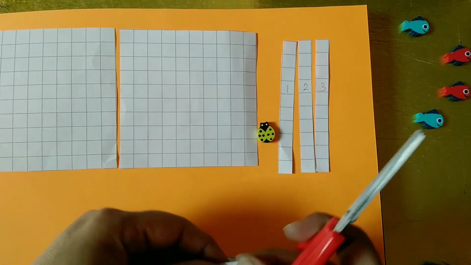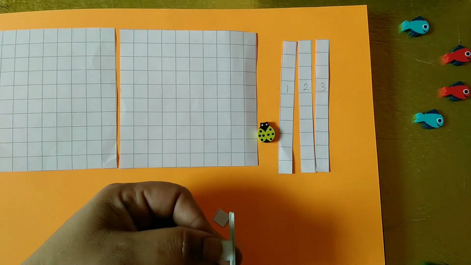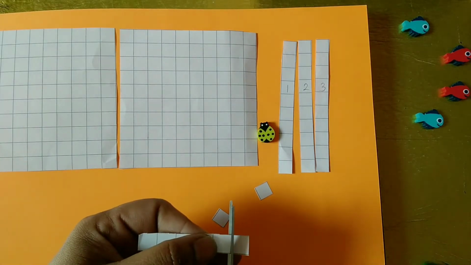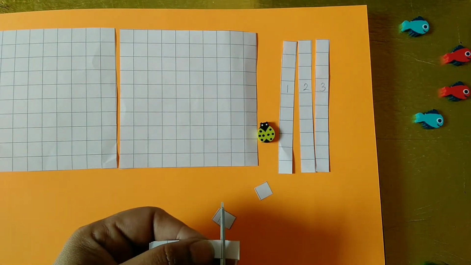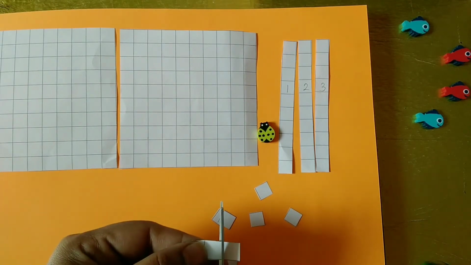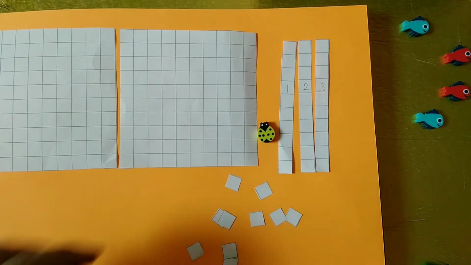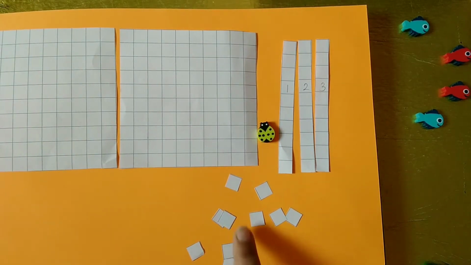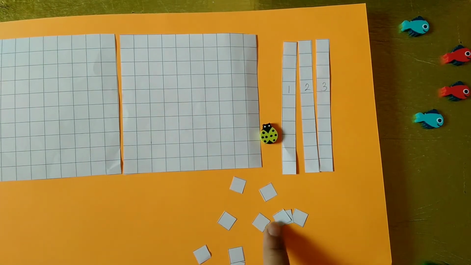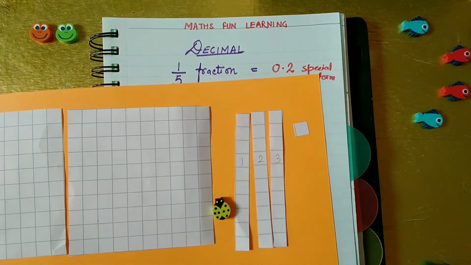In one rod there are 10 squares. Out of 10 we are using only 5. So if we start making pieces of this, that means we are fractionizing out of hundreds, because there are 100 small squares, so we want to count out of 100. We are using only 5.